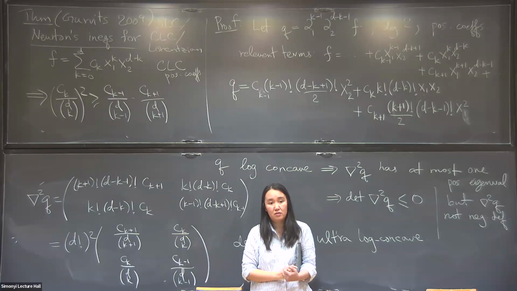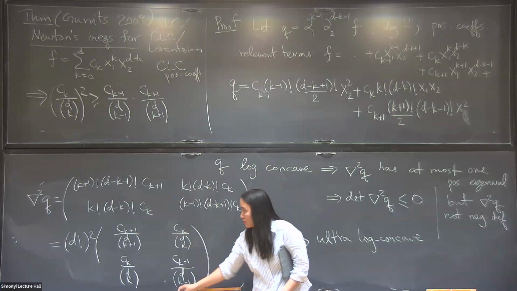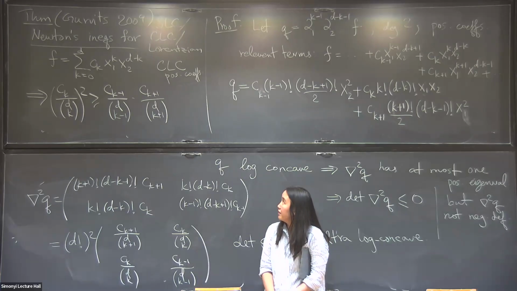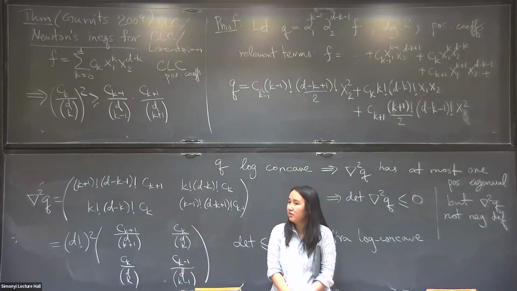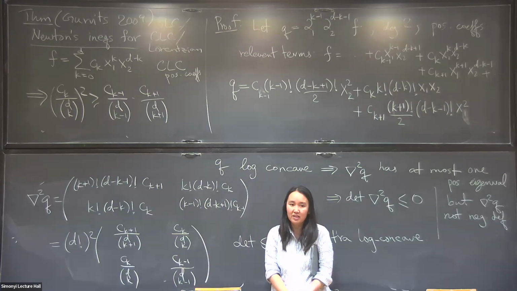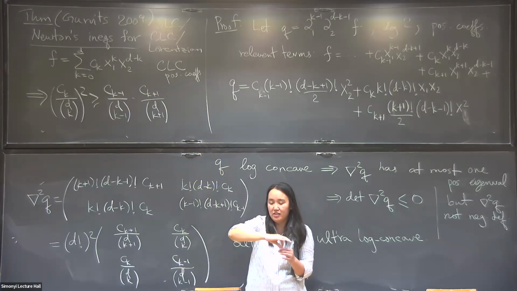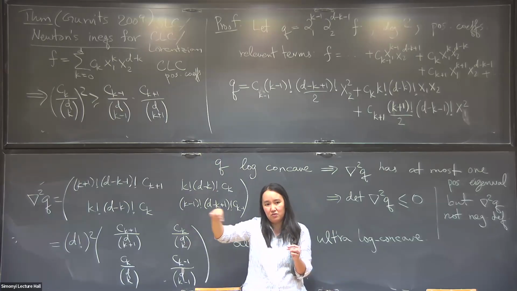Is the motivation for considering a polynomial in x1 and x2, just two variables, in order to prove this? Is there a generalization? Yeah, you could do some kind of change of coordinates for that if you want to, maybe. To be able to talk about this ultra log-concavity, I just want a sequence, right?